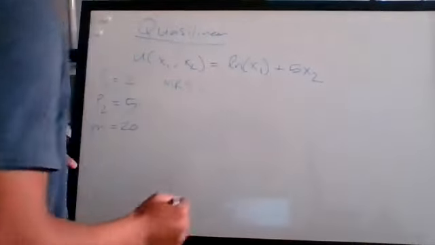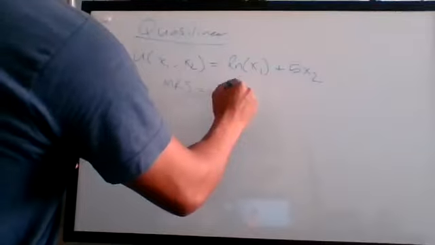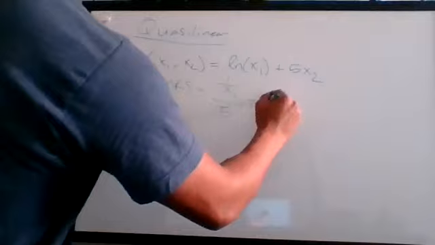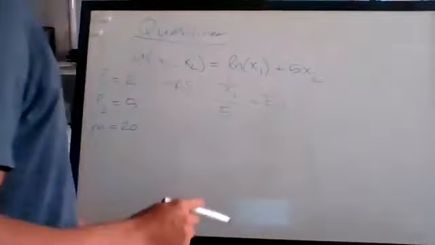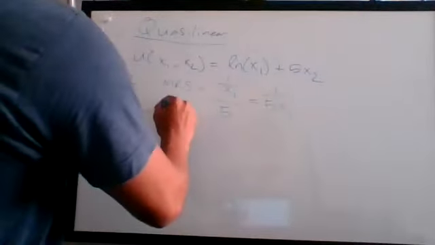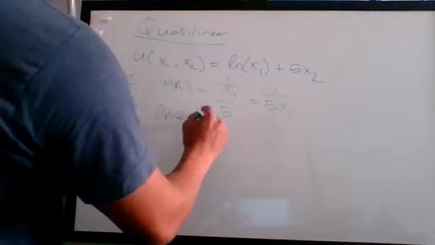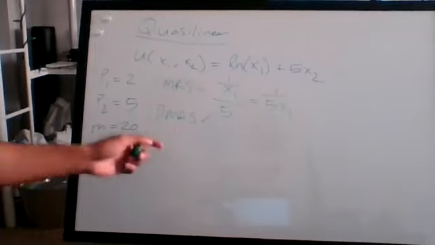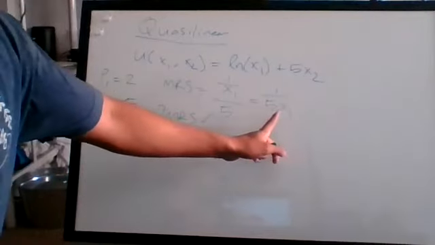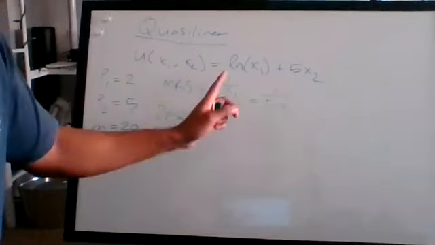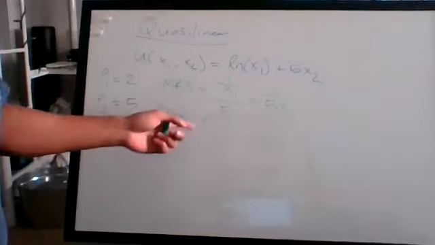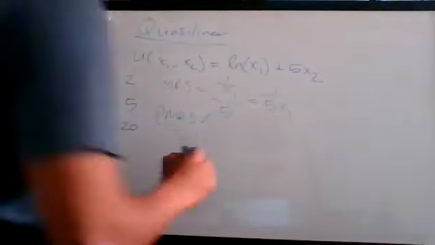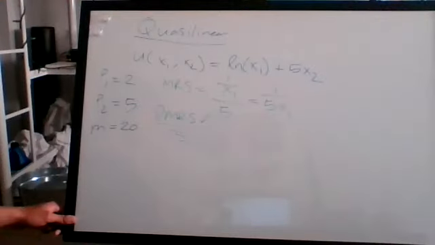So the MRS is going to be 1 over x1 divided by 5, which is going to be 1 over 5x1, right? We do our marginal rate of substitution check, which is I think what you were talking about earlier, Caesar. We check to see whether the MRS goes down as x1 goes up, which it does. And so because of the fact that we have DMRS, we're going to be able to set our MRS equal to our price ratio, right?